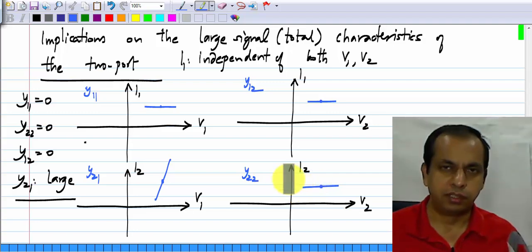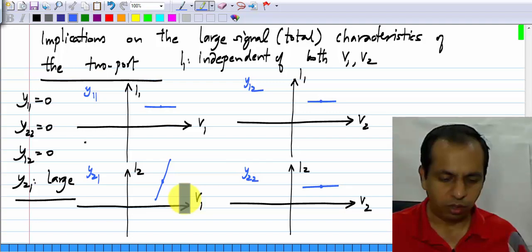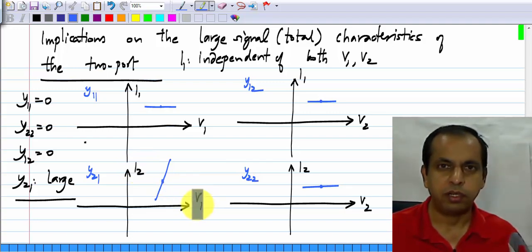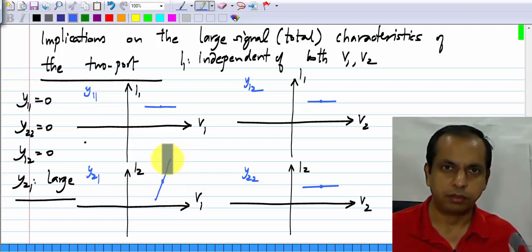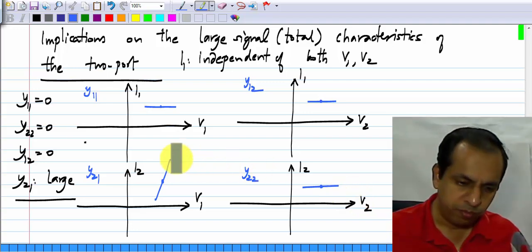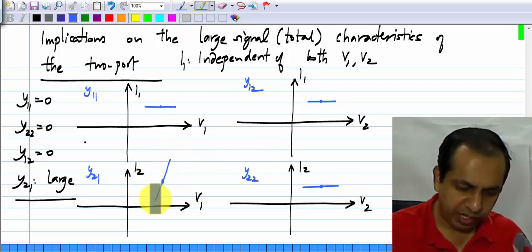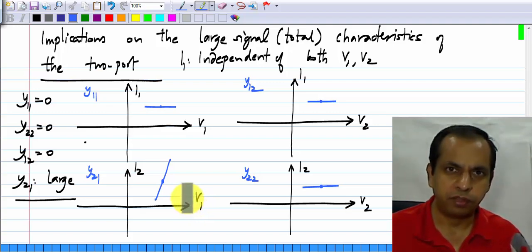I also said that basically these graphs are drawn, for instance, I2 versus V1 is drawn with V2 as a parameter. Okay. Now, because I2 does not change with V2, so essentially this characteristic I2 versus V1 should be independent of V2.